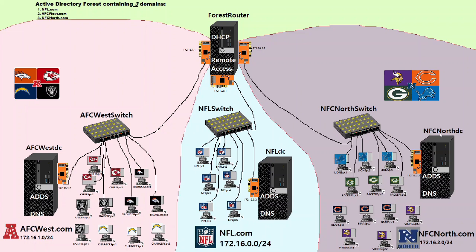So you have 3 Chiefs, 3 Broncos, 3 Raiders, 3 Chargers PCs in that domain. And then in NFC North, you have 3 Lions, 3 Packers, 3 Bears, and 3 Vikings PCs associated with their organizational units.